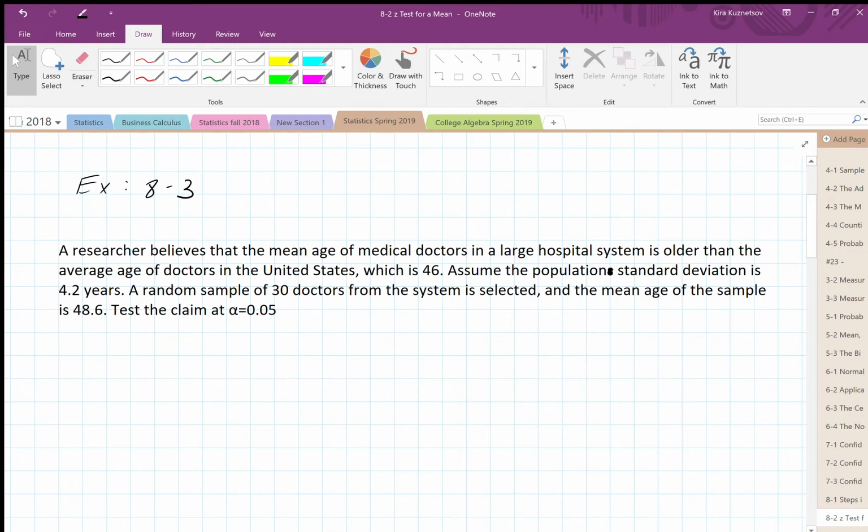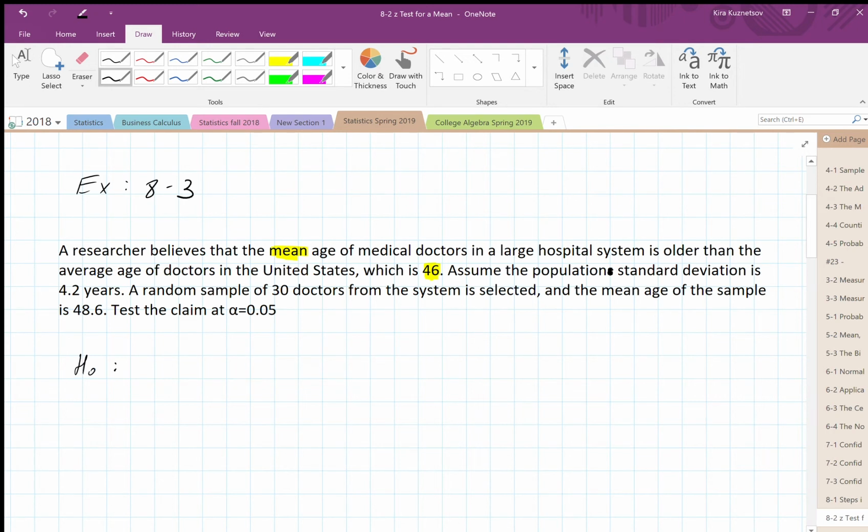A researcher believes that the mean age of the medical doctors in the large hospital is older than the average age, which is 46. So the highlighted words that I have right now will identify the null hypothesis.